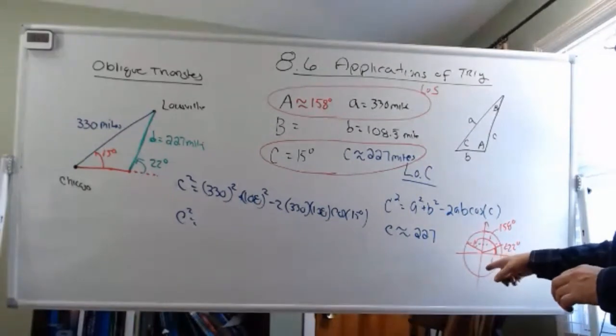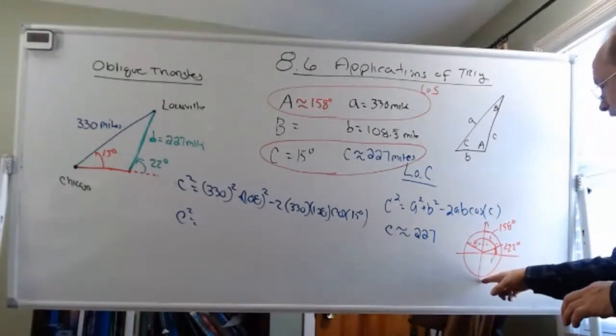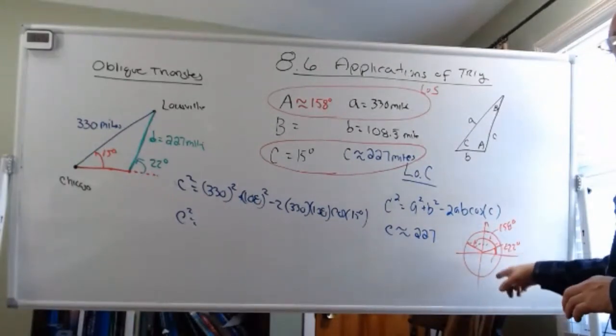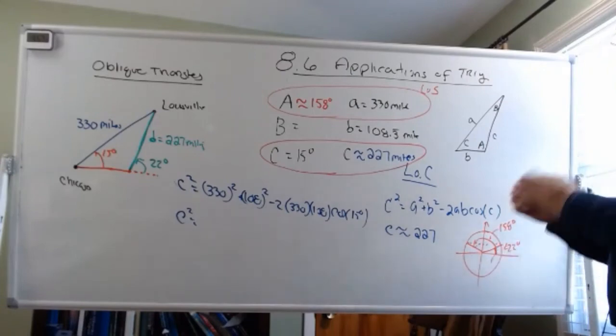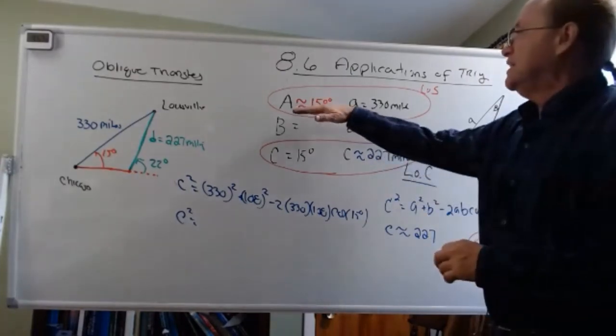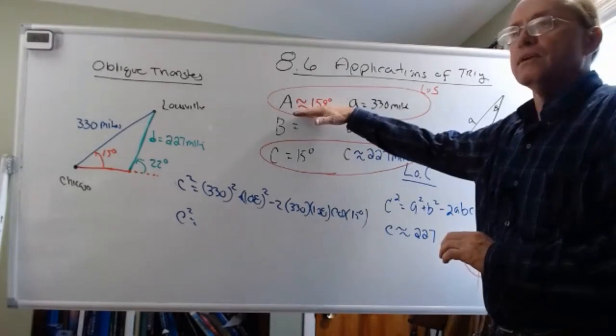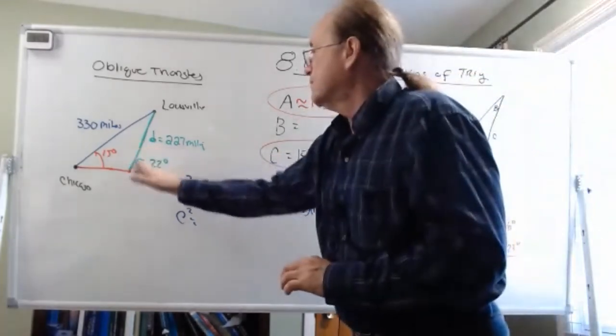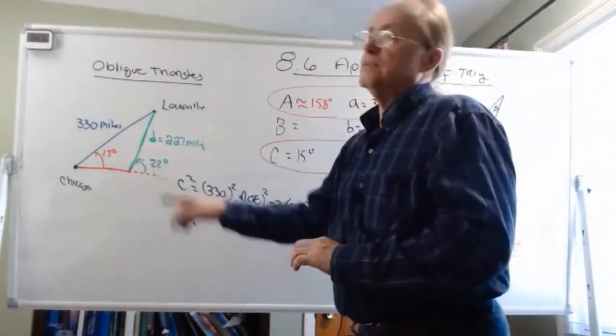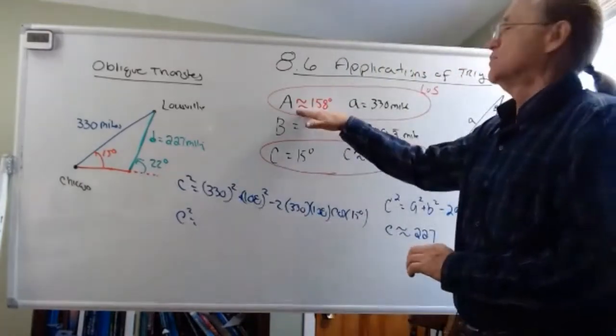Because arc sine only goes from -90 to +90. That's its range. So you always have to be cautious about whether there is another triangle that would work. There is one that works for the 22 degrees, but is there another one? And the other angle is 158.